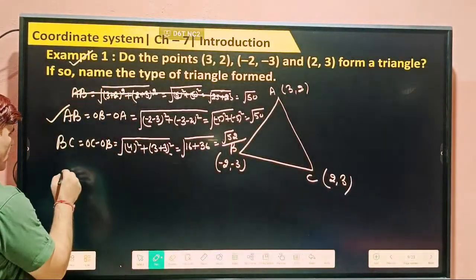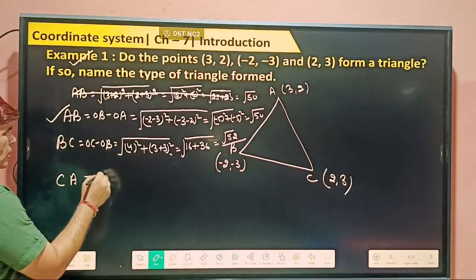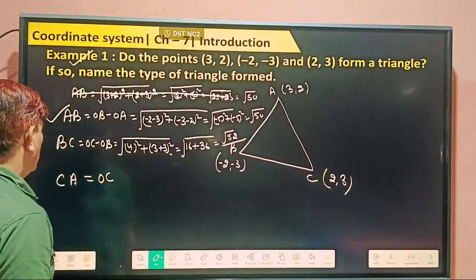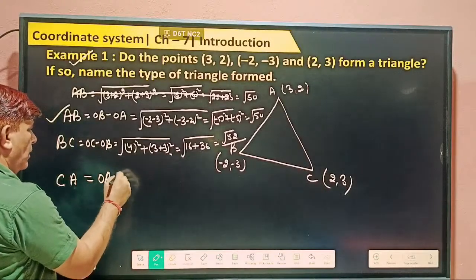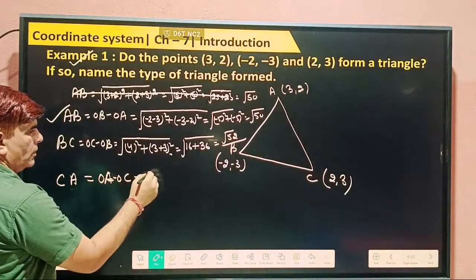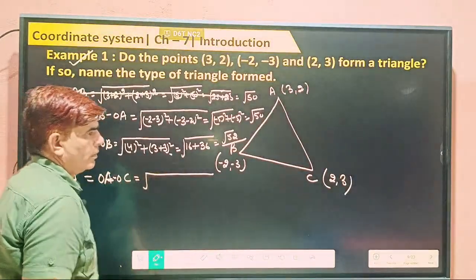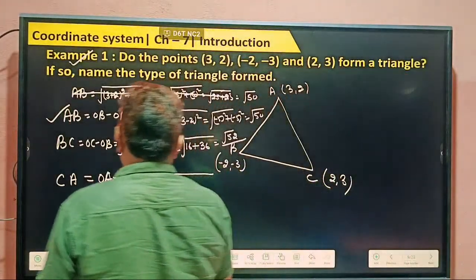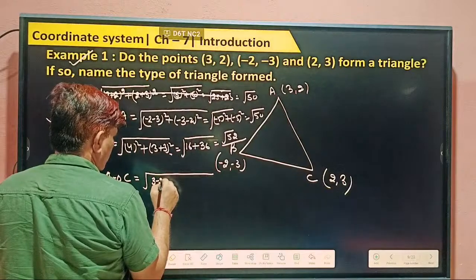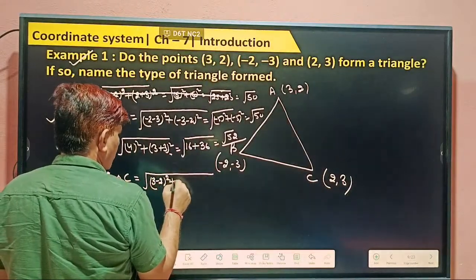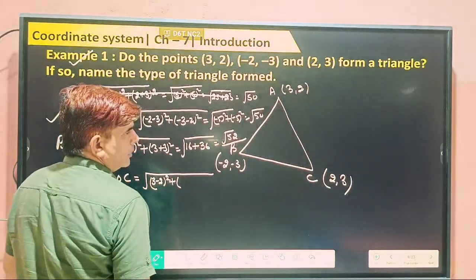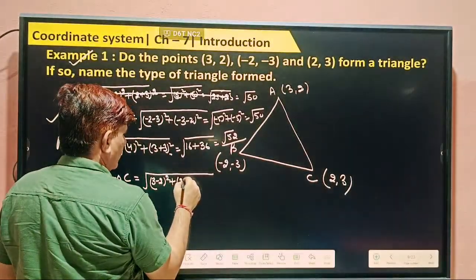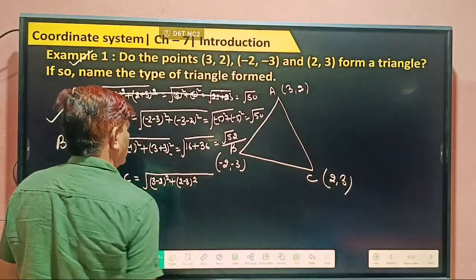Then we find CA or AC. CA is equal to OA minus OC. So CA is (3 minus 2) whole square plus (2 minus 3) whole square.